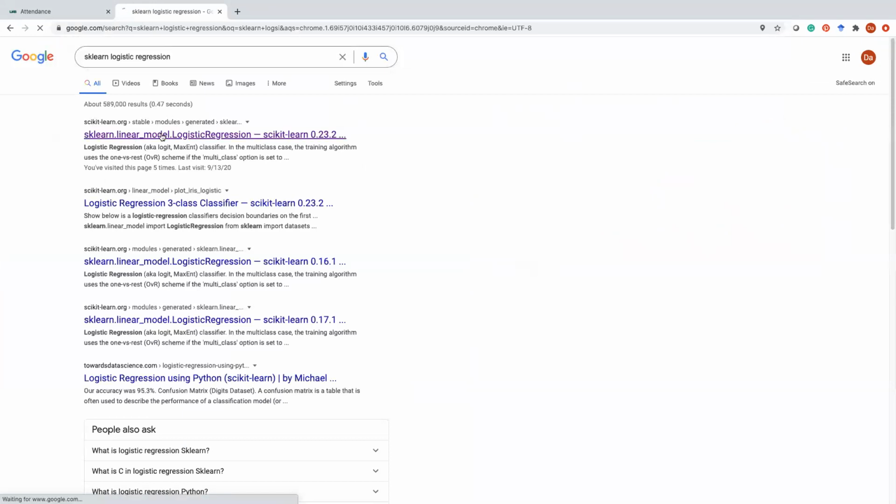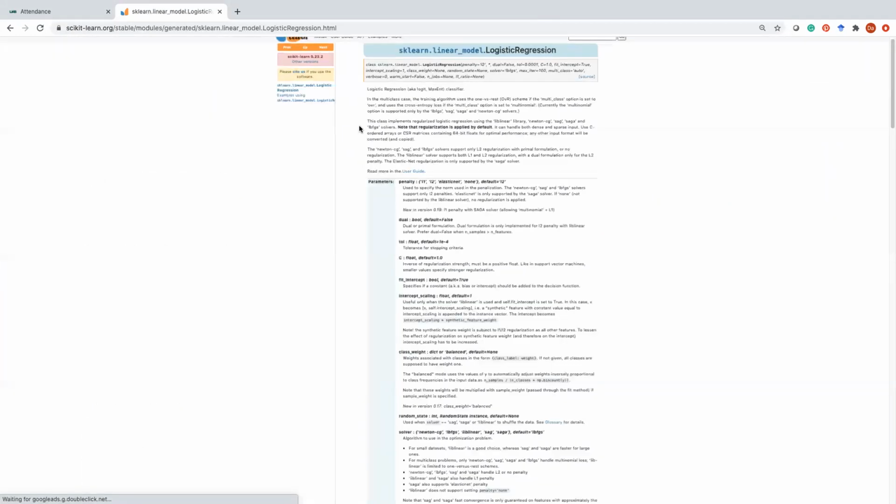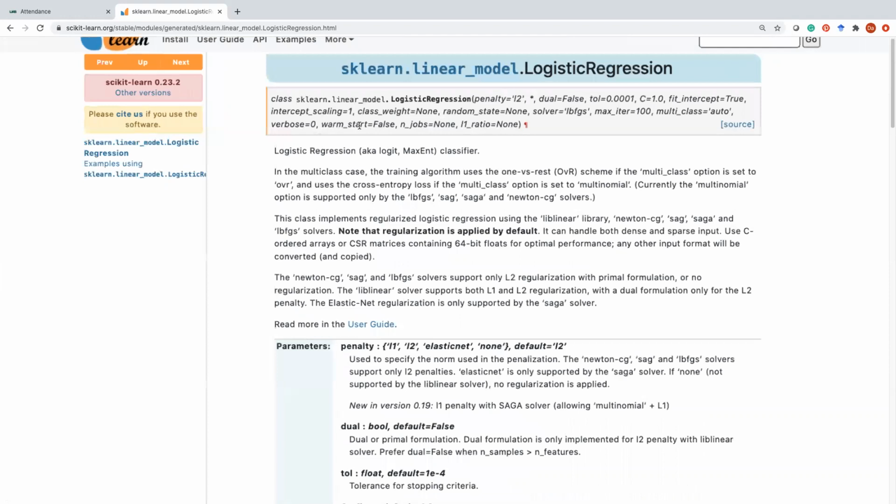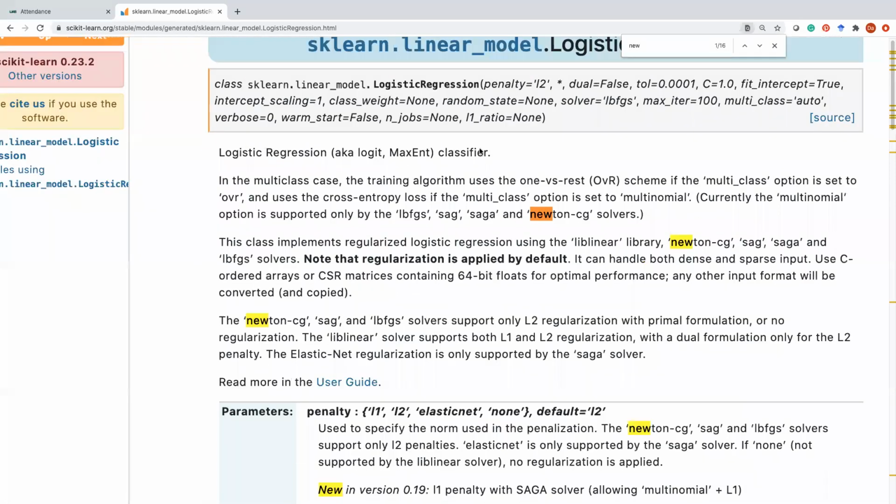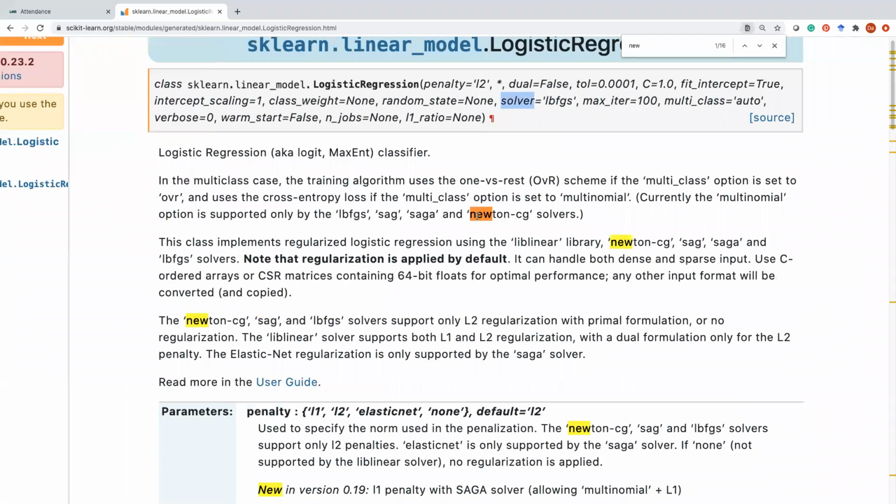Because logistic regression is convex, you can use Newton's method to do it. There's a parameter solver, right? So you could just say, hey, Newton's method, and then you solve the next assignment. This is not allowed. You need to implement Newton's method.